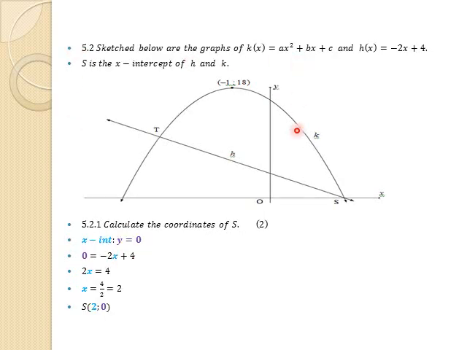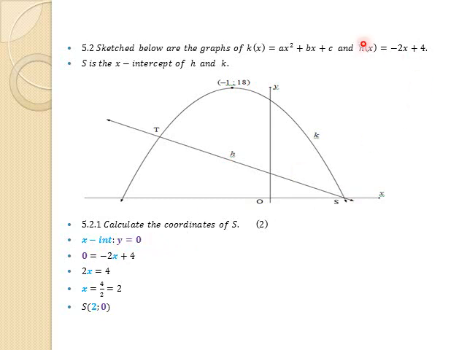So, from the graph, we're given a turning point, minus 1 and 18. And S there, we have to calculate the coordinates of S. So S makes contact with h, and I have a full equation for h. S is referred to as the x-intercept because it makes contact on the x-axis. So to get an x-intercept, we'll always make y equal to 0.